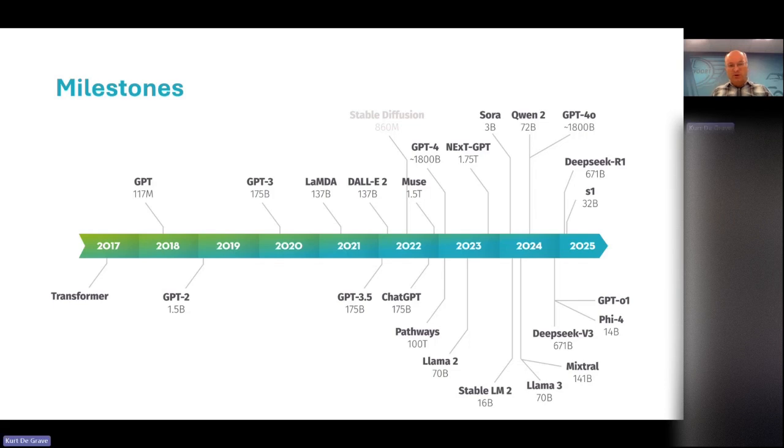Then I guess OpenAI is quite famous. The launch of ChatGPT has made the world aware that these models exist. And every year there appear newer and bigger models.